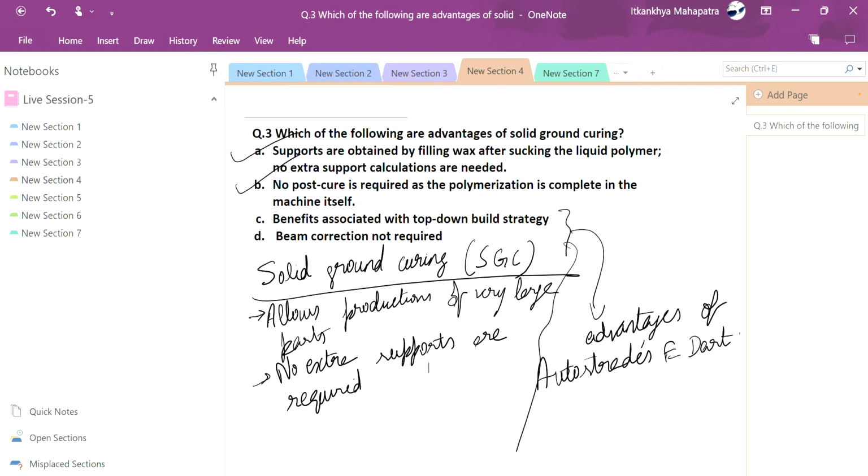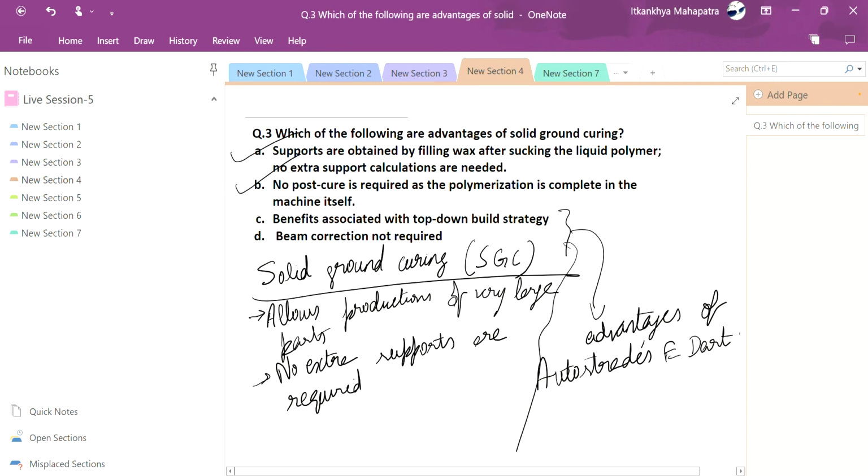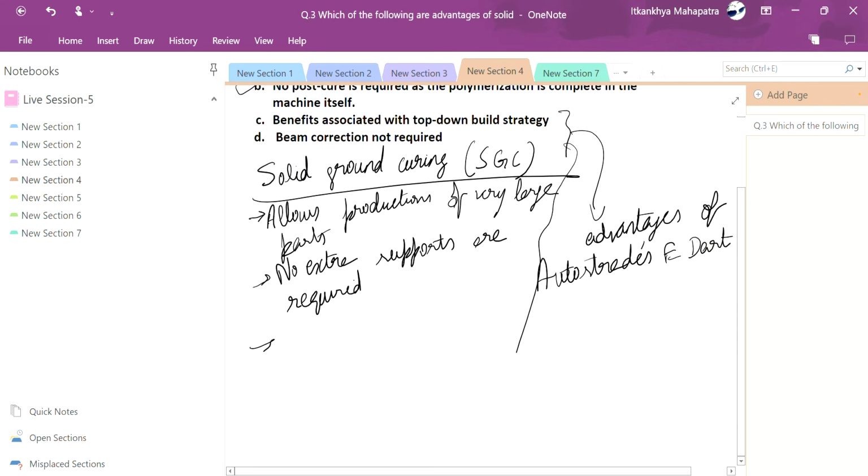Sorry for the interruption. Next is milling and other advantages: the milling step ensures flatness for the subsequent layer and Z accuracy. So Z accuracy is very important.